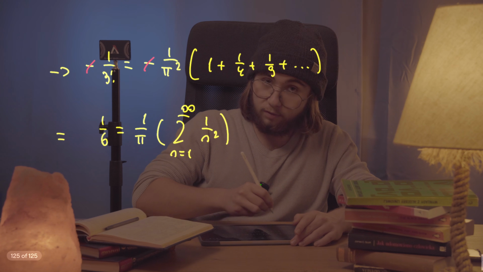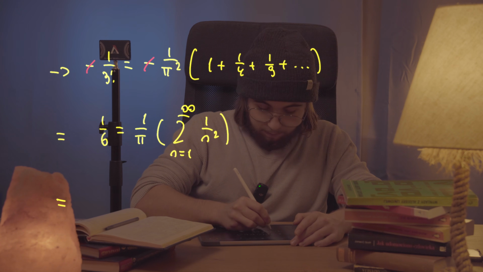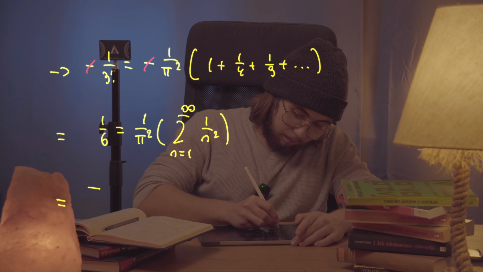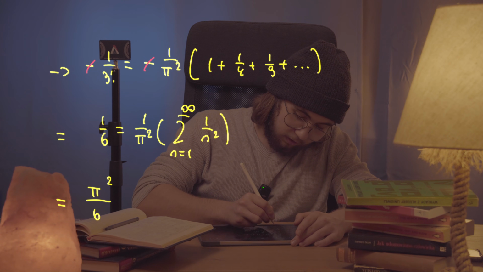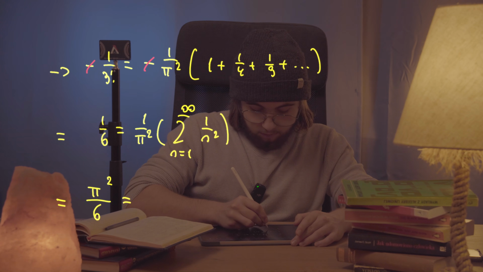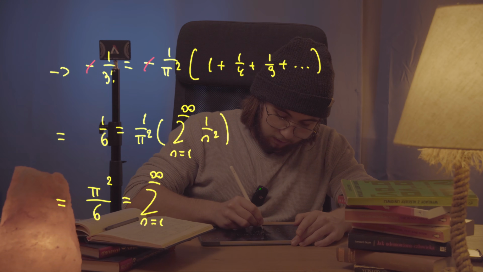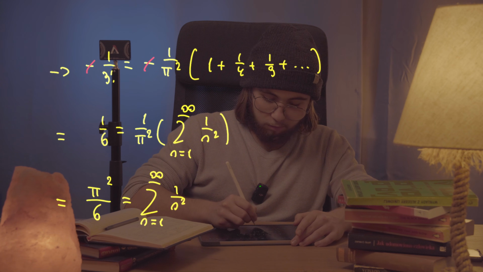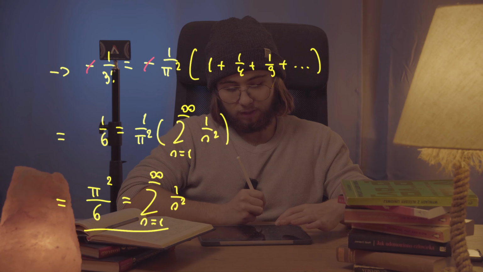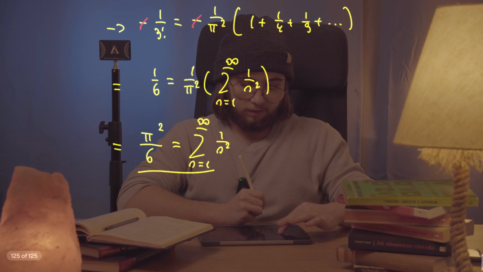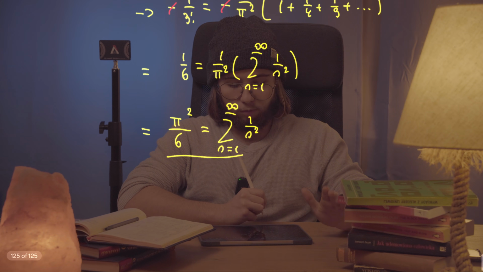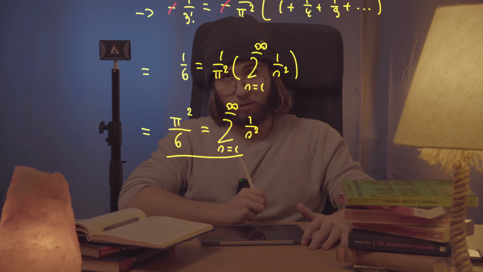And now just multiply everything by pi squared, and you will get pi squared all over 6 is equal to the sum as n goes from 1 up to infinity of 1 over n squared, and this is exactly what Euler got in 1734. That's what we got today as well.